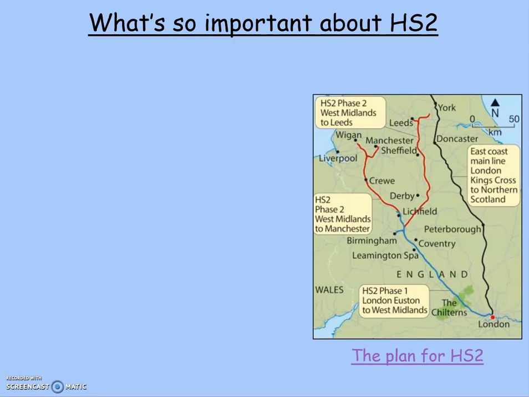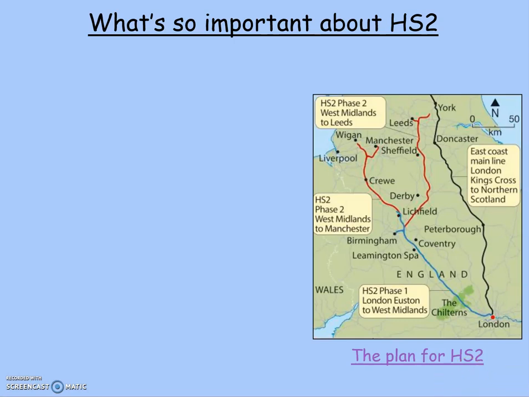So let's have a look at HS2 in more detail. Again, this is a similar kind of map to one you've seen last year, the year before, when you were preparing for your GCSE exam. As you can see, there's a highlighted plan for HS2. There's a link there to a website or a video clip that I'll put on Google Classroom, and I would like you to watch that.